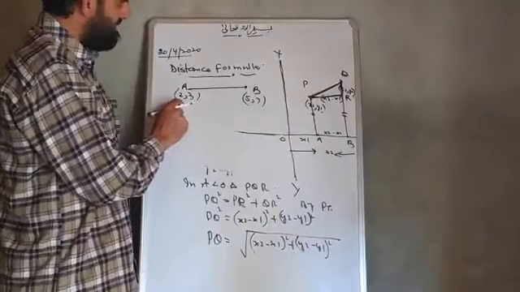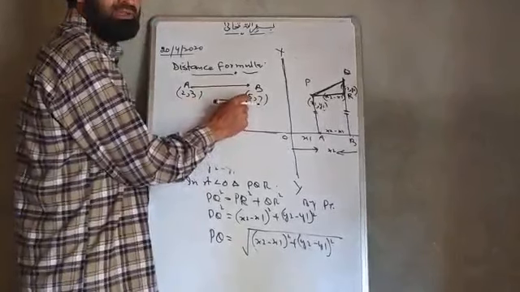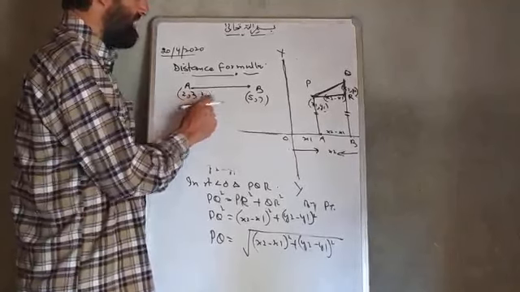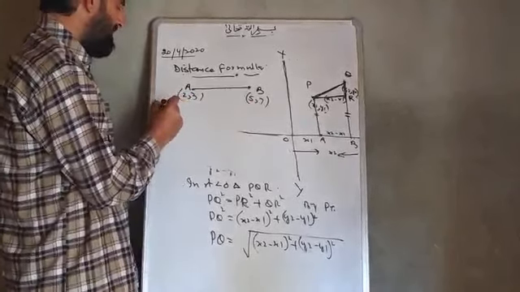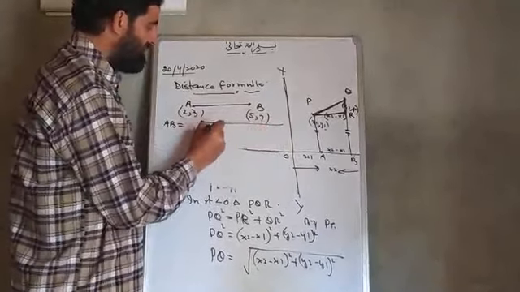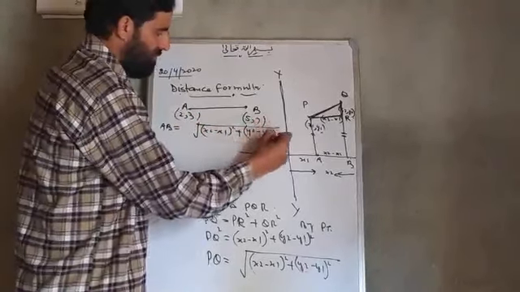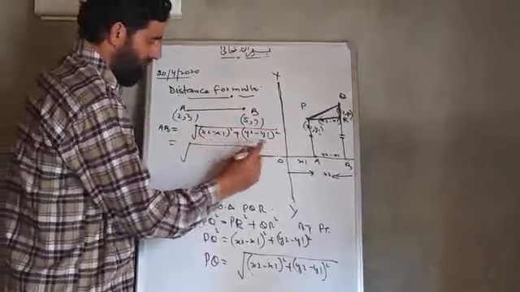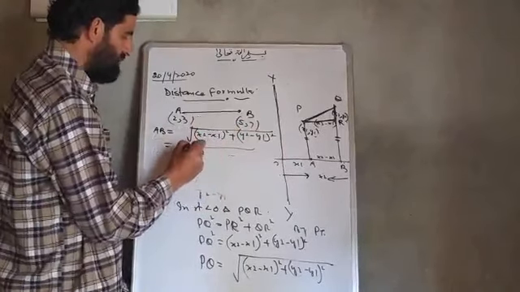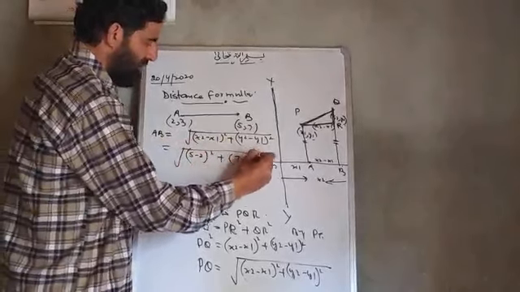What is x1 here? x1 is the first x coordinate, that is 2, and the second x coordinate is 5, this is x2. y1 is 3 and y2 is 7. Here AB is equal to under root of x2 minus x1 whole square plus y2 minus y1 whole square. So this is under root of 5 minus 2 whole square plus 7 minus 3 whole square.